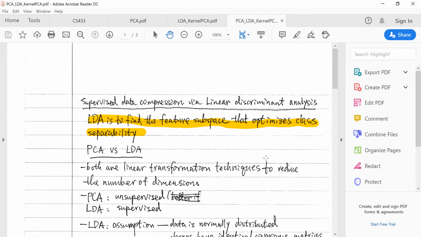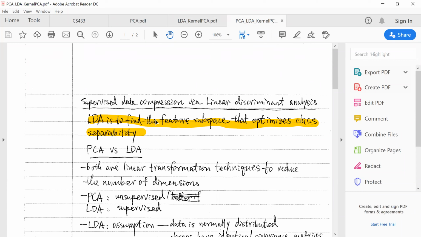So this is the idea about kernel PCA. So we already know the three major dimensionality reduction approaches, how they work, and the theoretical background behind them, okay? And next, let's see some brief comparison.